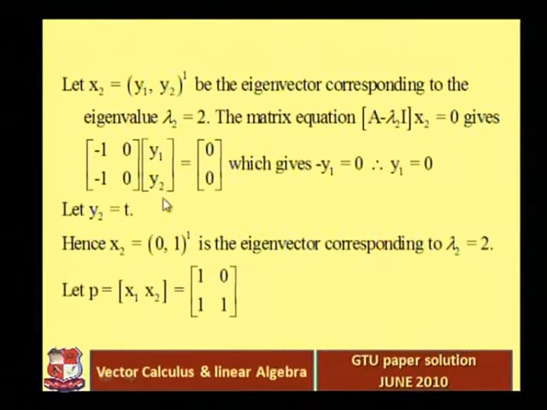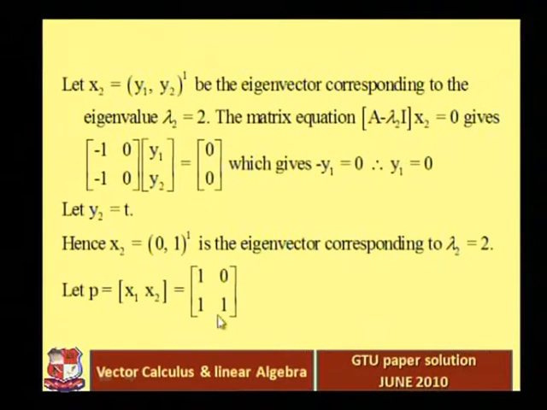But about y2 you will not get anything, so suppose y2 equals t. So y1 is 0, y2 is t. So what is our eigenvector? [0 1]. The coefficient of t in y1 is 0, and in y2 it is 1. So [0 1] is the eigenvector corresponding to lambda 2 equal to 2.